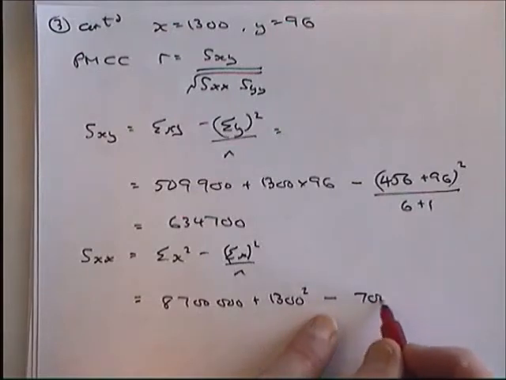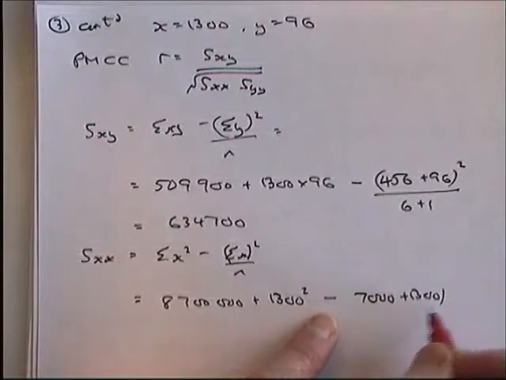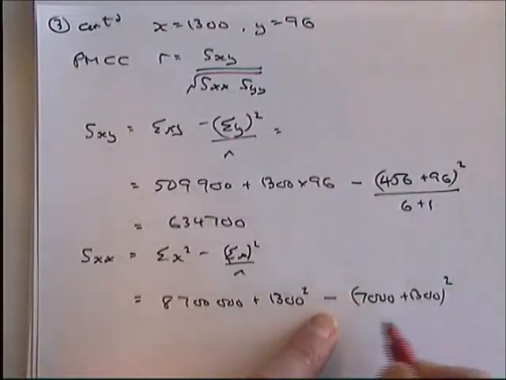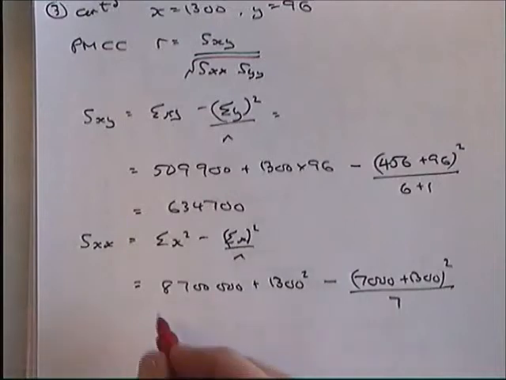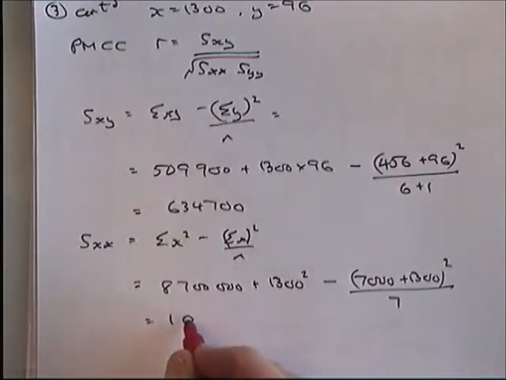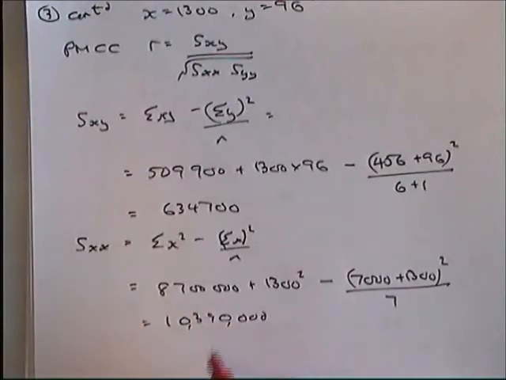Sigma x used to be 7,000, but now I need to add on my 1,300, and then that is being squared, and that is being divided by n, which we said is now 7. And if you work out your new SXX value, that turns out to be 10,390,000. No, it doesn't, sorry, that's just the first bit. I will change that, sorry.